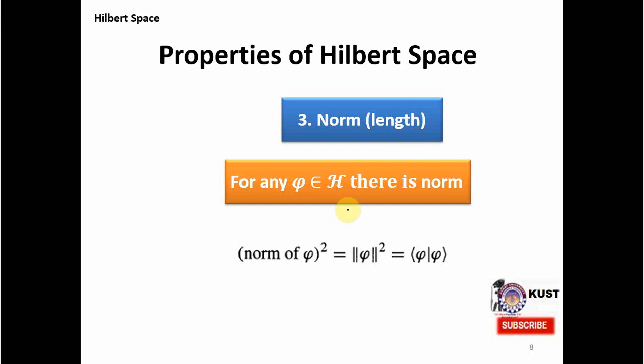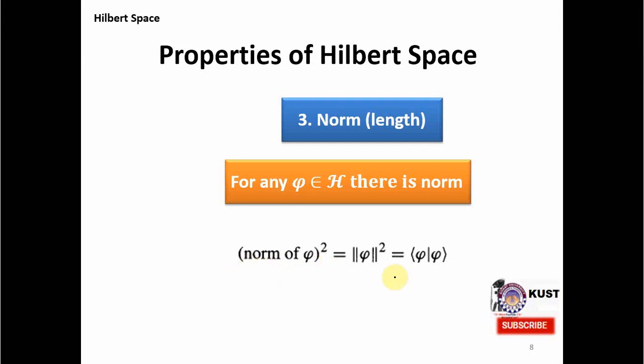If this condition is not satisfied, then we will not be using it for quantum mechanics, because physically then we don't have the notion of length or norm or the real quantities defined on this linear vector space. So it is probably mathematically interesting, but physically it is of no use, because we cannot connect our quantum mechanics or any theory based on this space to the real world. So to connect it to the real world, we need the definition of norm on our linear vector space.